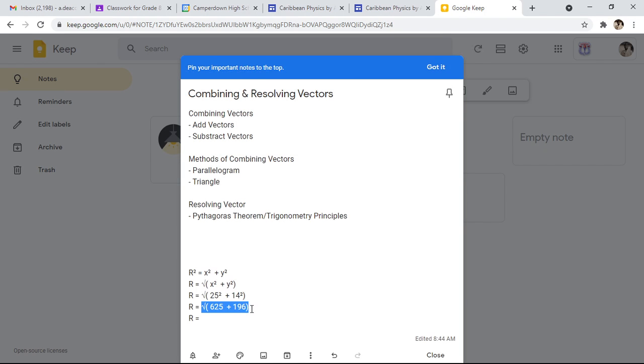Copy 196 plus 625. Let me just check that I'm doing the right thing: 25 squared, 625, plus 14 squared, gives me 821.